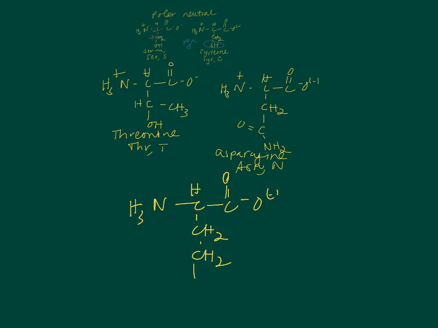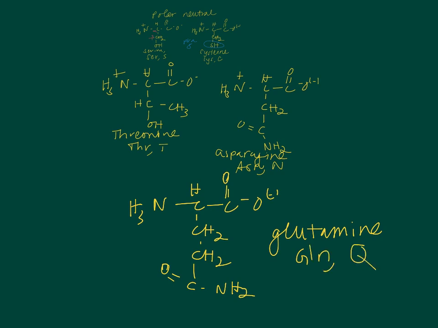So 2 methylene groups are 2 CH2s and then the amide. Again, no pKa's for either. Sorry, this is glutamine. GLN is the 3-letter code, and the 1-letter code is Q. Why Q? I have absolutely no idea. I find it to be very bizarre.